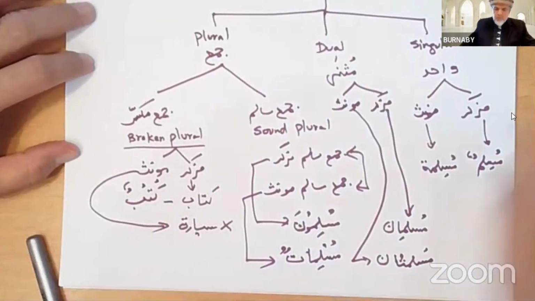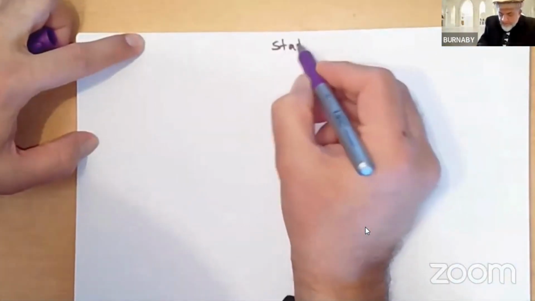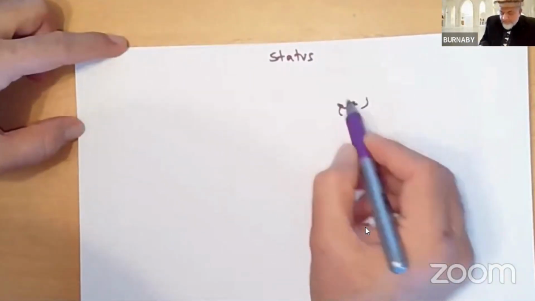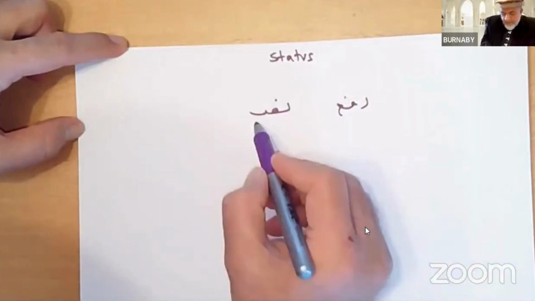Okay. Now, when we deal with the status, we have to deal with three things. We know that we have rafa, nasab, and jar.